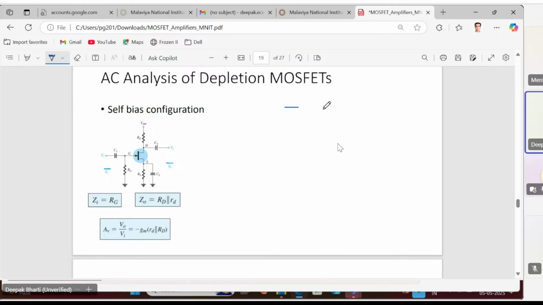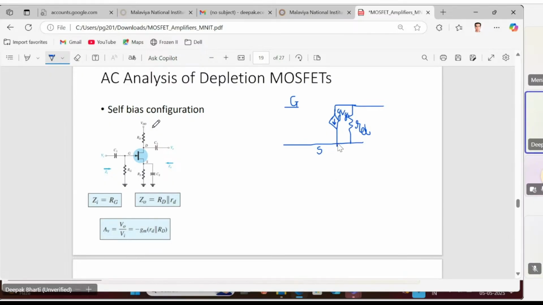The gate side, okay, let's say this is gate, source, the small rd, okay, and the GM VGS, okay, this is the source.